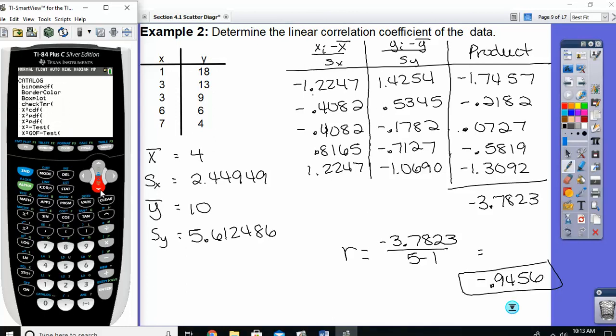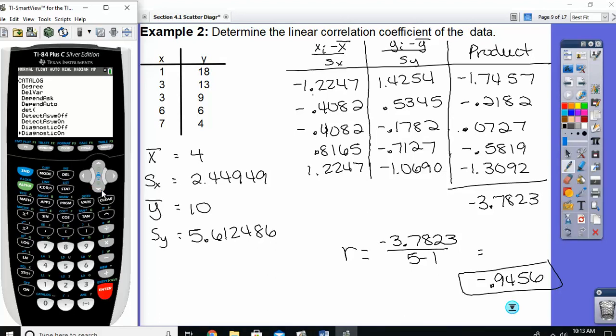So second 0, and then we're just scrolling forever. Okay, and you get diagnostic on.